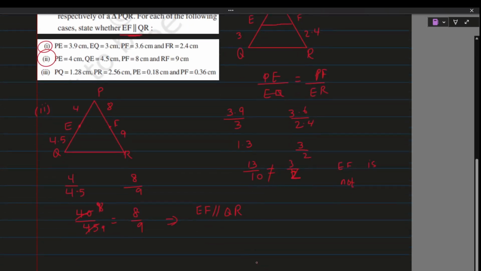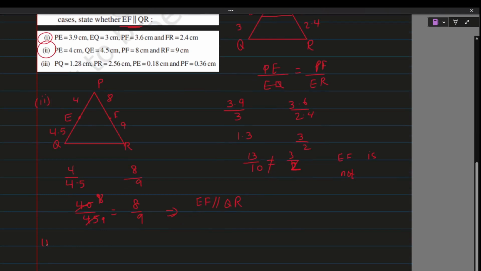Okay, now let's do the third part here. In the third part we have to draw a triangle once again, triangle PQR, with EF. Now here the whole length PQ is given 1.28, PR is given 2.56, PE is given 0.18 and PF is given 0.36.